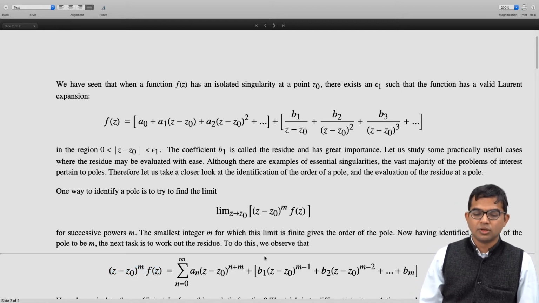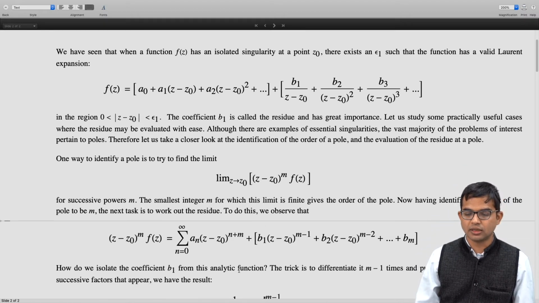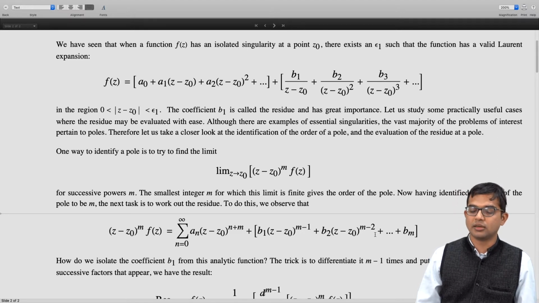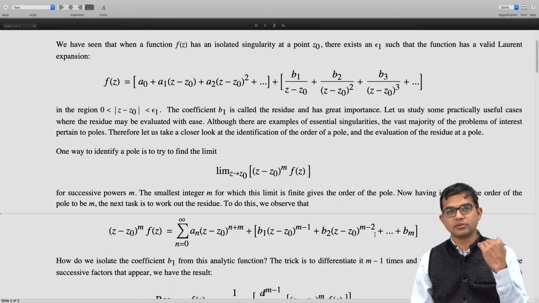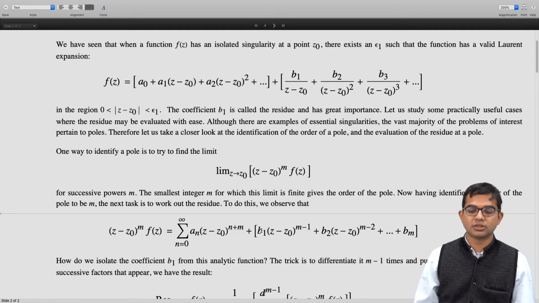The way to find b1 is to successively differentiate this function m minus 1 times. If you differentiate it once, bm will go away. Differentiate a second time, bm minus 1 will go away, and the third time, bm minus 2 and so on will keep going away. Then if you differentiate it m minus 1 times, you will be left with just the constant b1.